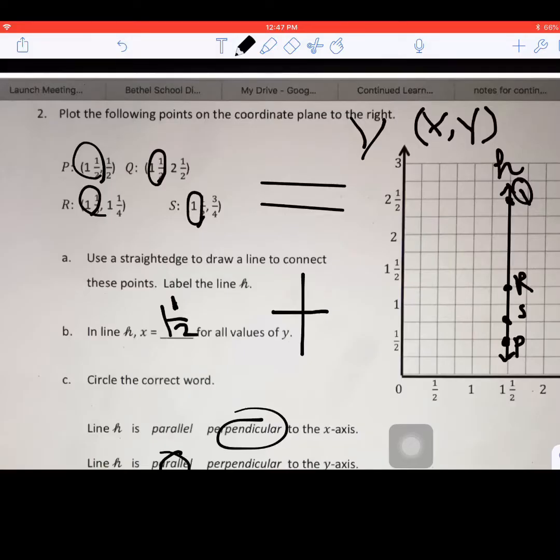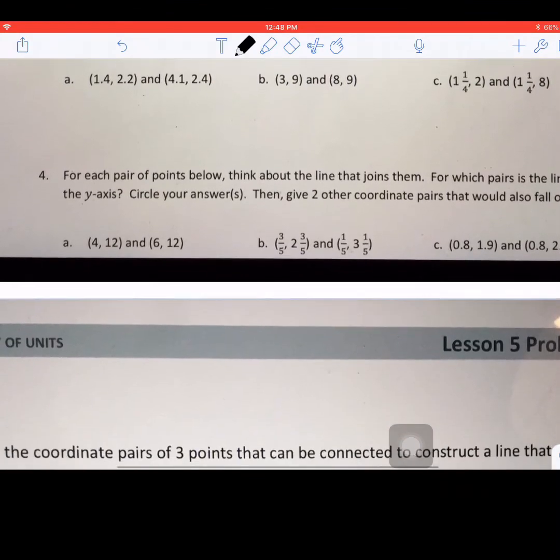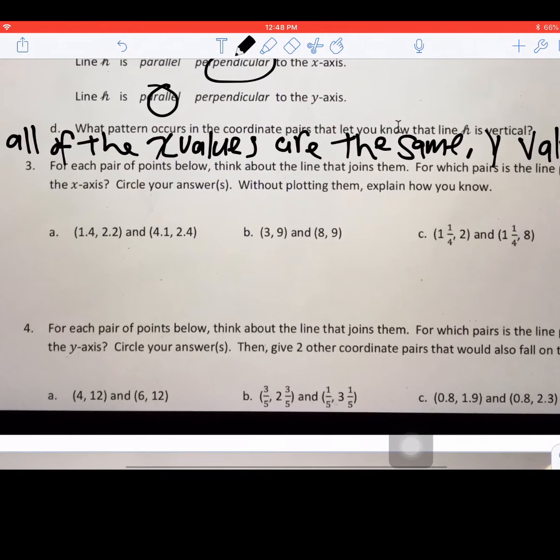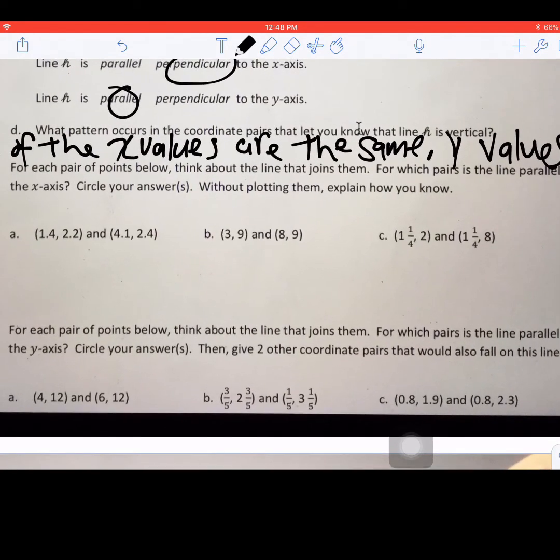All right, so back to question 2. We noticed that all of the x-axis points were the same, and it led to a parallel line on the y-axis. So we want it parallel on the x-axis.